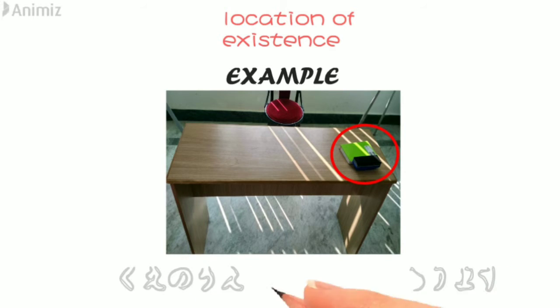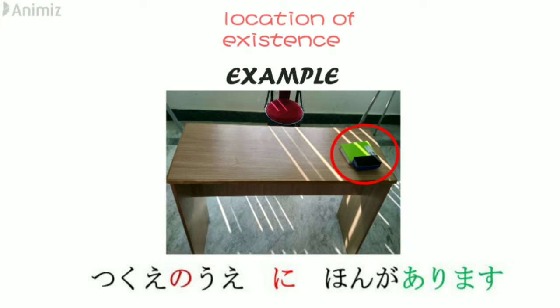Well, you can say Tsukue no ue ni hon ga arimasu, as we have already studied. Ue means on top, hon means a book. We use arimasu because a book is an inanimate object. It's a non-living thing. So by using ni, we know the position of the book. It is on top of the table.